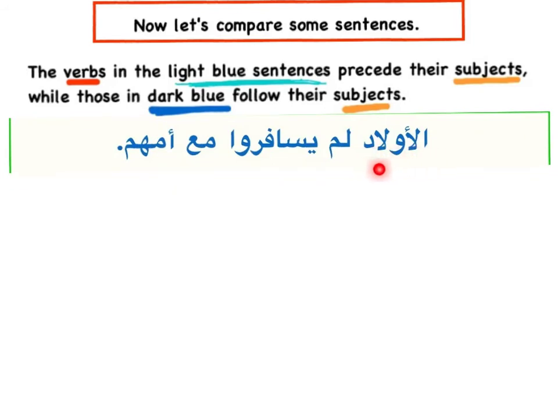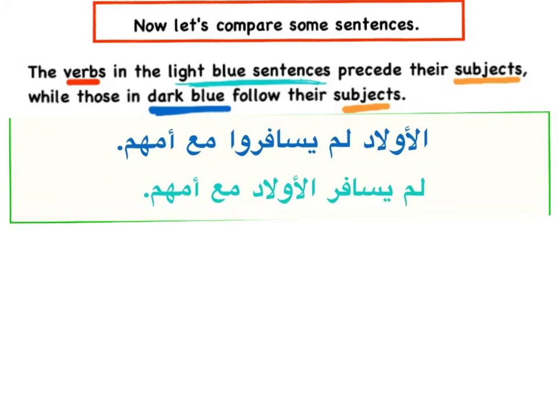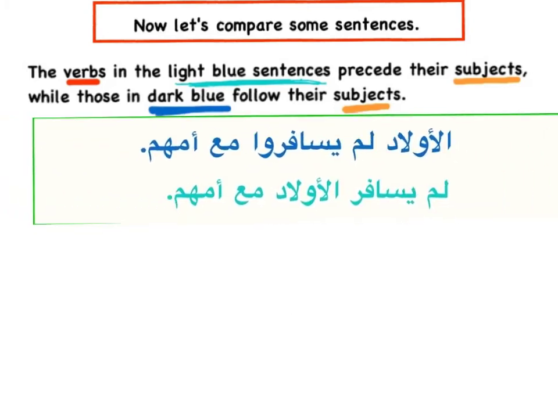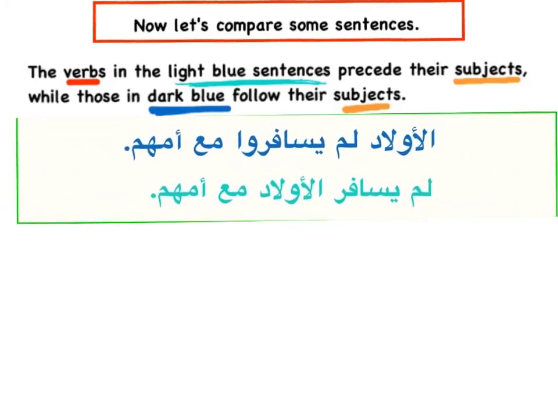So here the verb follows the subject, whereas here لم يسافر, I just moved the whole thing. لم يسافر الأولاد مع أمهم. لم يسافر, the verb precedes the subject.